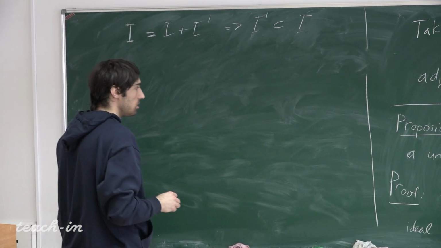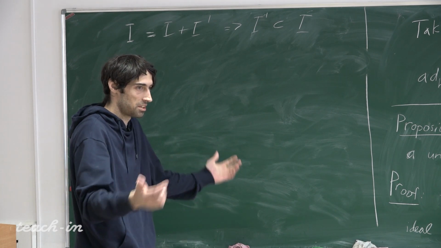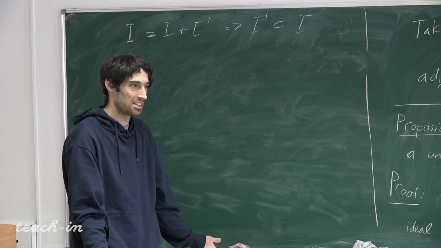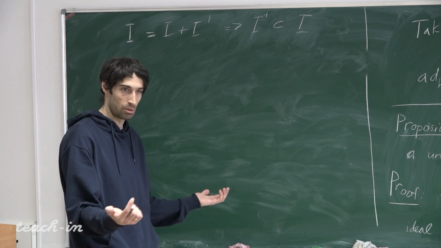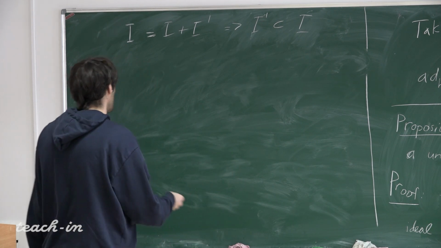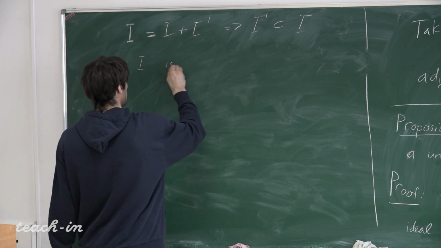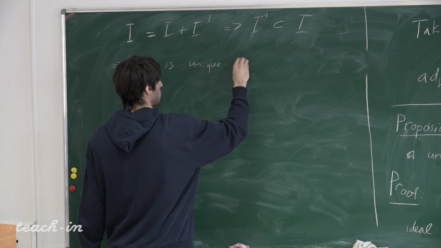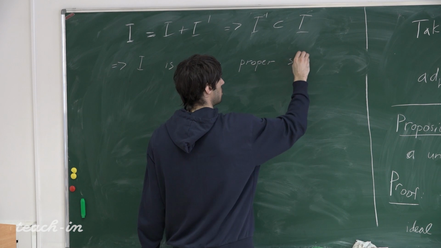And of course, it's unique, right? Because suppose that we have another one that contains all others, then we have two-way inclusion, right? So therefore, I is unique, solvable.